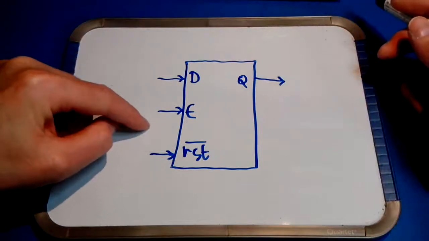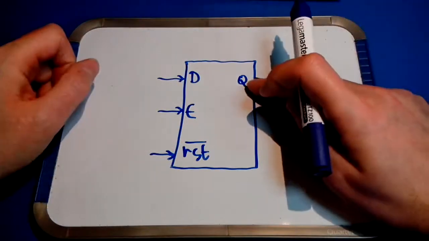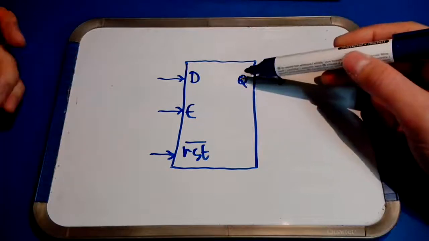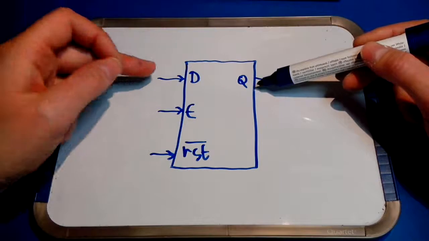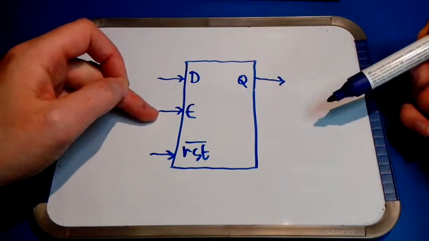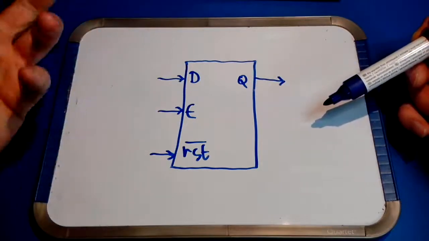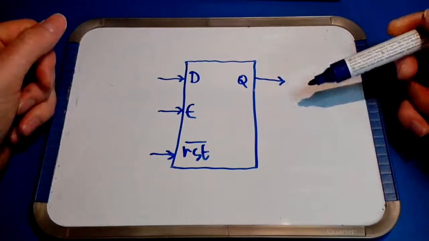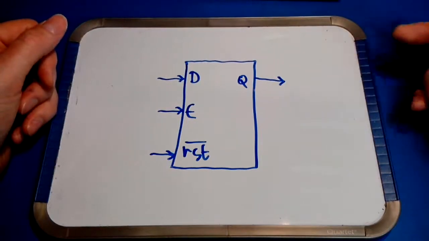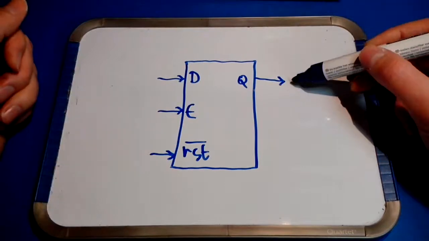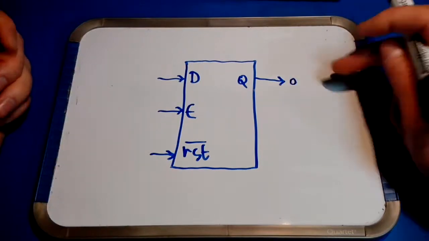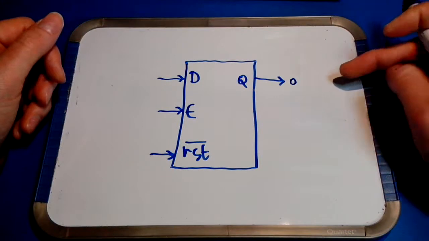When E is no longer activated, the output Q stays put. In other words, the output Q will remember the state that D had at the moment E was inactivated. We'll see, this makes more sense when you see it on the breadboard. Reset input can always be used to force the output to 0. Let's assume 0 is the idle state of this block.